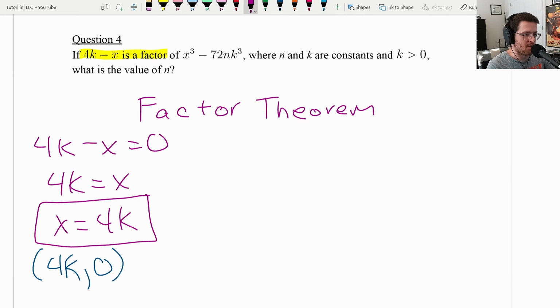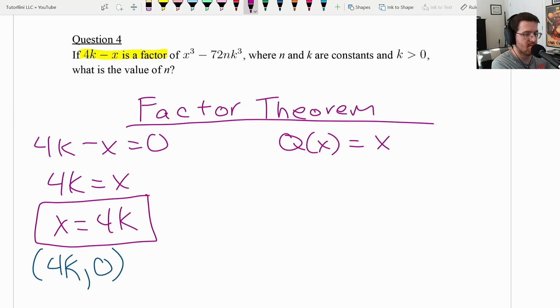Okay, so if 4k makes the factor 0, it should also make this big messy expression, which I will call q of x just for question, doesn't matter. It'll also make that equal to 0. So I'm going to plug this point in.